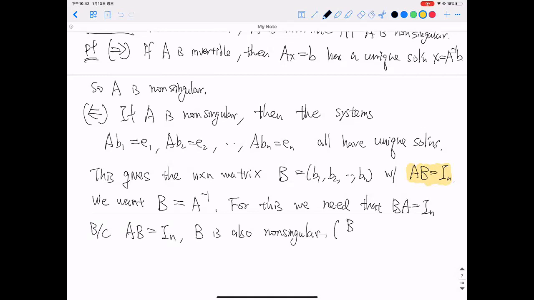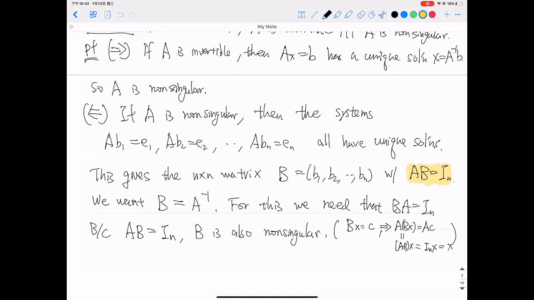If we consider a system Bx equals c, then I can solve it, right? By multiplying by A from the left, I get AB times x, which is I times x, which is x.